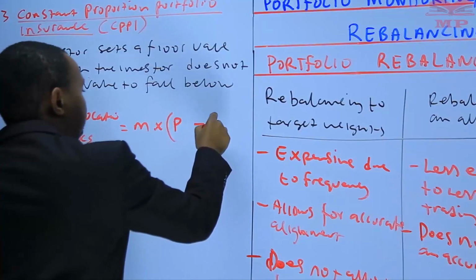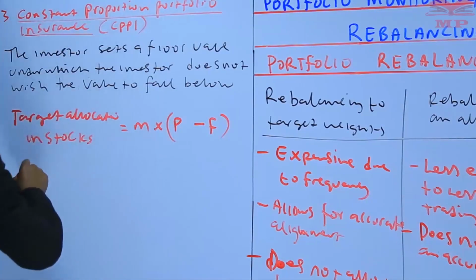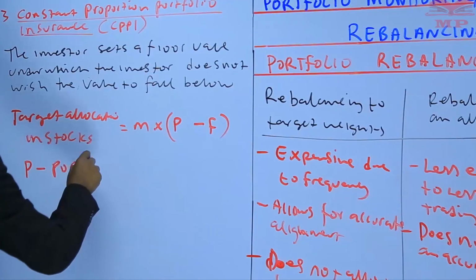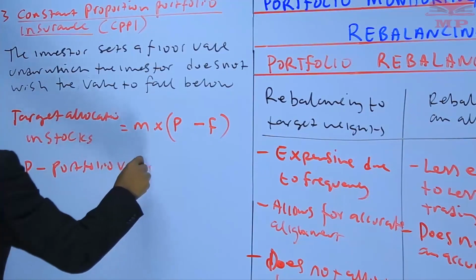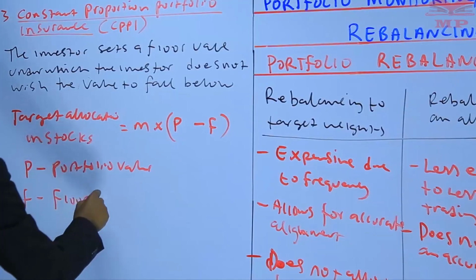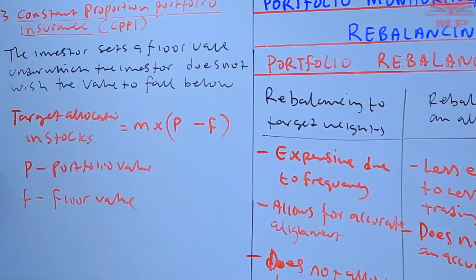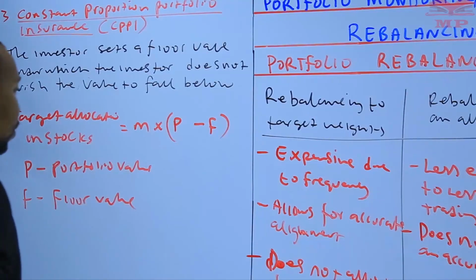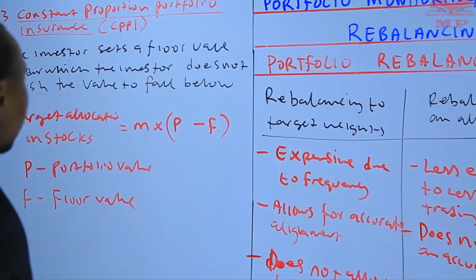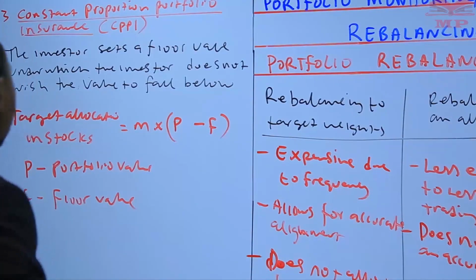P minus F, where P is the portfolio value and F is the floor value.